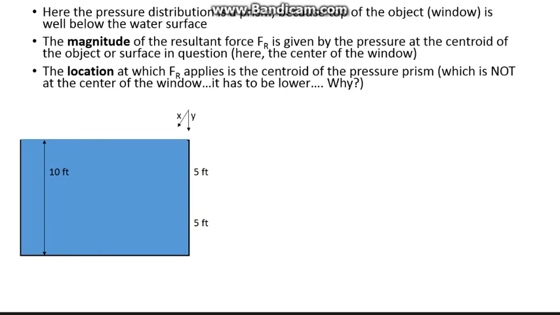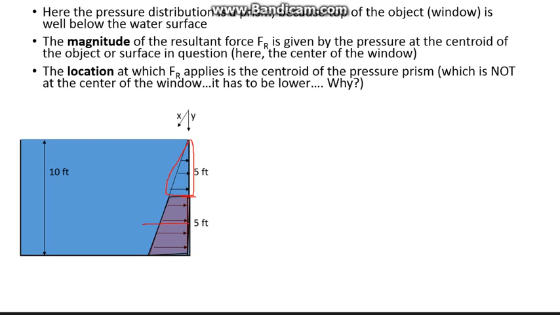So the pressure distribution for this one is also a triangular system. But now we have to notice that our actual object of interest really only starts right here. So this part of the diagram is not so important to us. It does add pressure because it makes the pressure here higher. The real shape of the pressure distribution that we're interested in looks more like this shaded trapezoid here. So we still want to know the magnitude of the force and the location of the force. The location is a little harder, but the magnitude still happens at the center of the object.